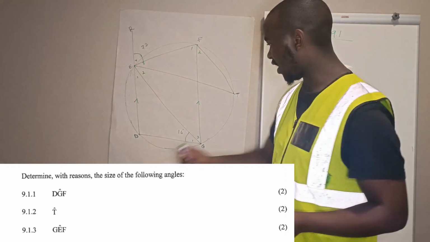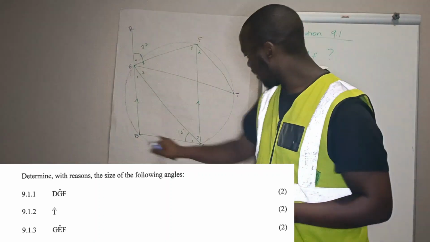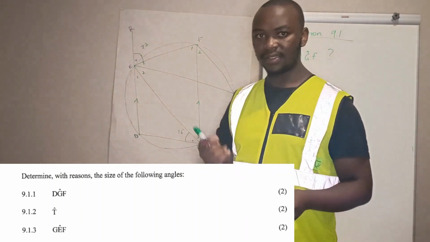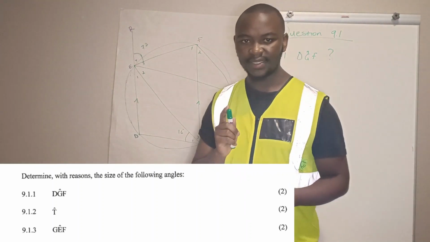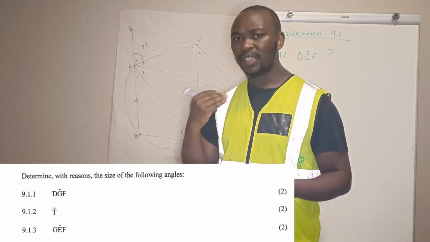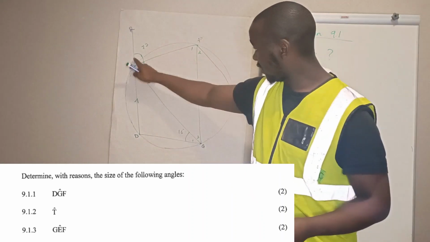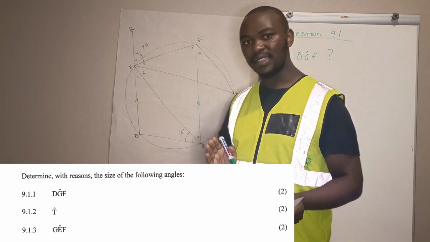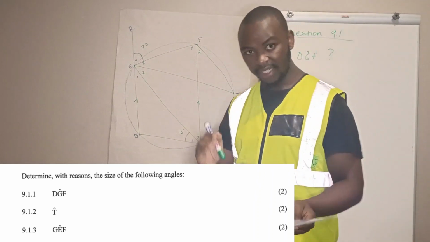So if we look at DGF, and if you struggle with reading angles, this is very common, you must understand. We are sometimes given angles in numbers, so E1, E2, E3, E4, but sometimes we are given these angles as a location rather.